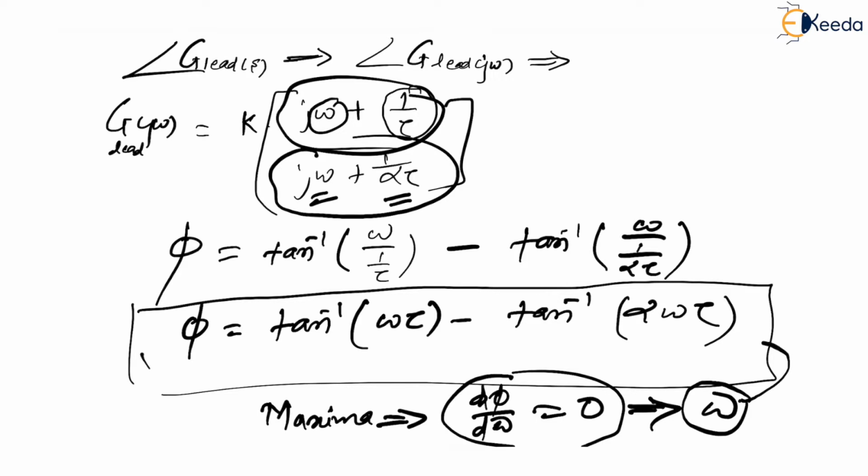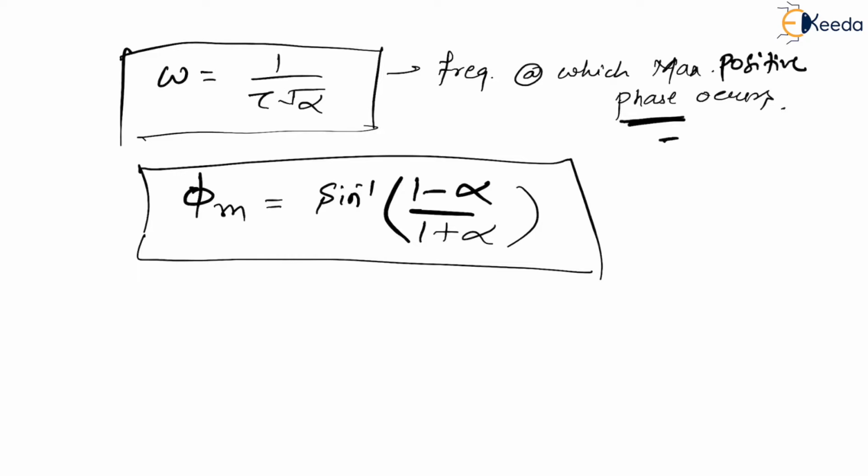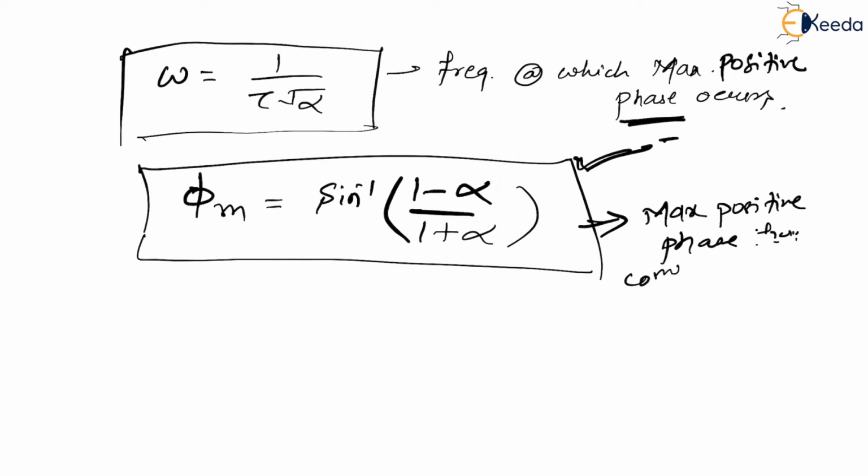Then you put that value of omega here, and you get this value. What is this phi m? Phi m is the maximum positive phase that the compensator will inject. Okay?